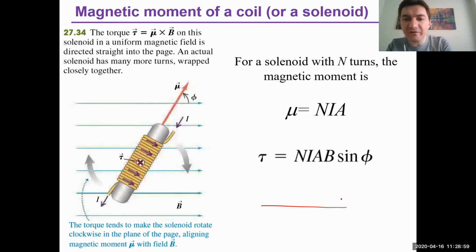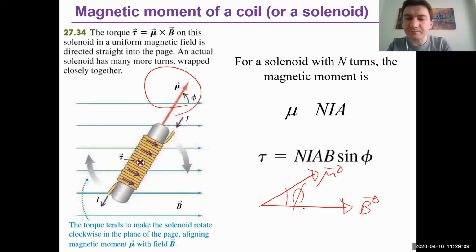If you have a magnetic field and you have a magnetic moment like this, okay? And this is the angle in between. What is the effect of the magnetic field? Due to that torque, this magnetic moment will be rotated along the magnetic field, and finally, they will be parallel to each other.